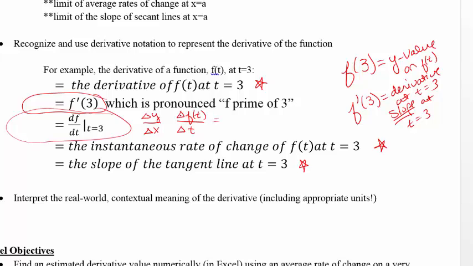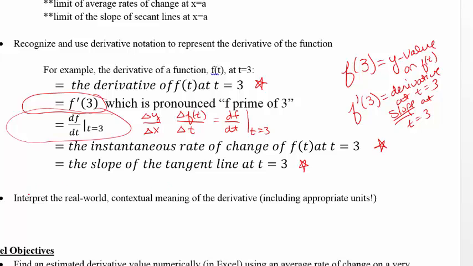And instead of the Greek symbol delta, they're just using df dt, but it means really the same thing. Then they have a vertical line to indicate we're finding this change in y over change in x at t equals 3, at this fixed x value.